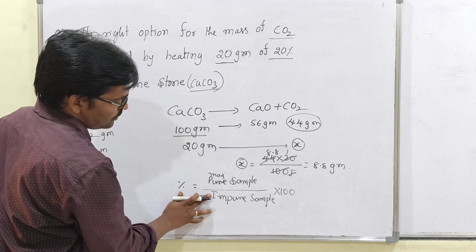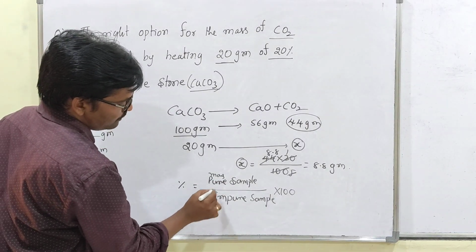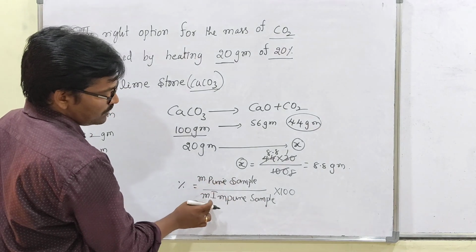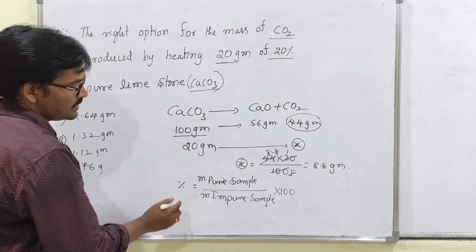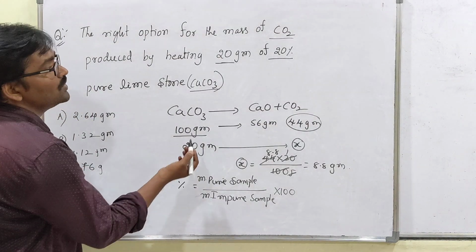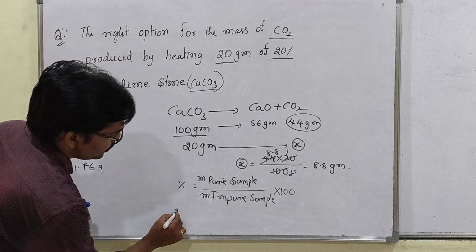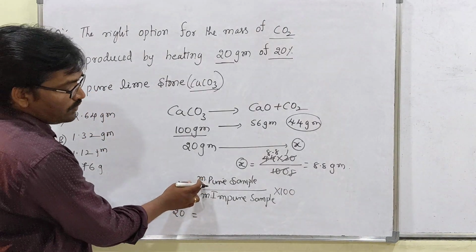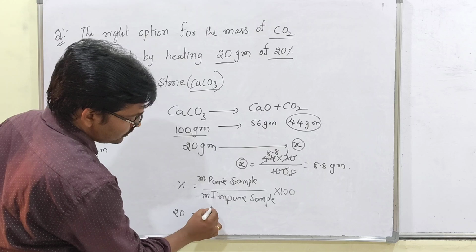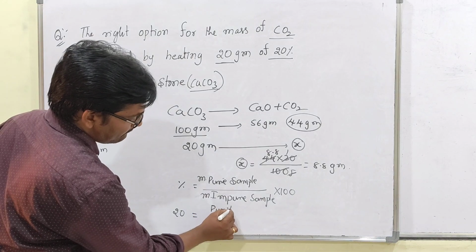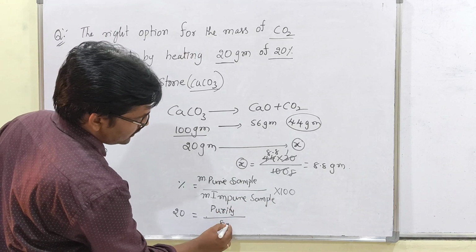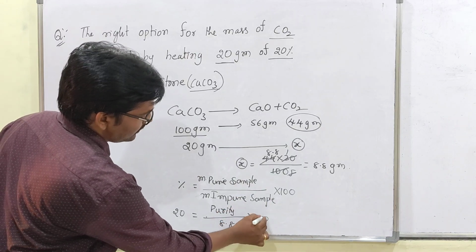Mass of pure sample, then mass of impure sample, into 100. The percentage of purity is given as 20%. You have to take 20 here. Then what you have to find out? The purity. So purity divided by impure, you got 8.8, into 100.